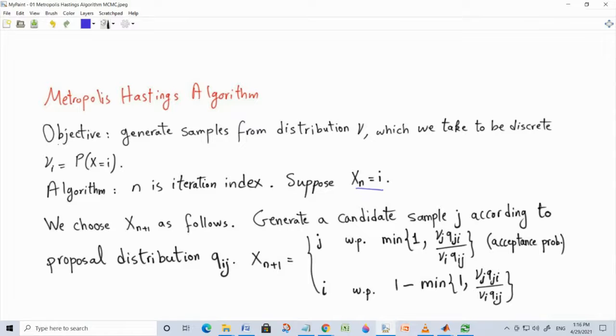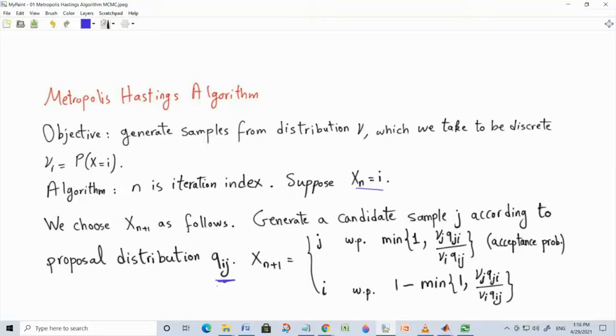You can think of it as a two-step process. The first one is that you have a candidate for the next iteration. The candidate is chosen based on a given distribution, a proposal distribution. For each state, like i here, with probability Q_ij, you will propose j as the next value for the discrete random variable.